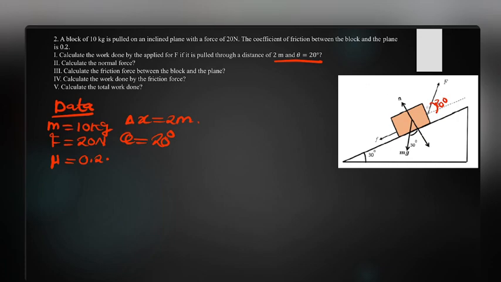The force is being applied at an angle of 20 degrees up the inclined plane, meaning that this force has an x and a y component. So this side becomes the opposite, which is F sin theta. For the x component we have F cos theta. That's what we have on our diagram.